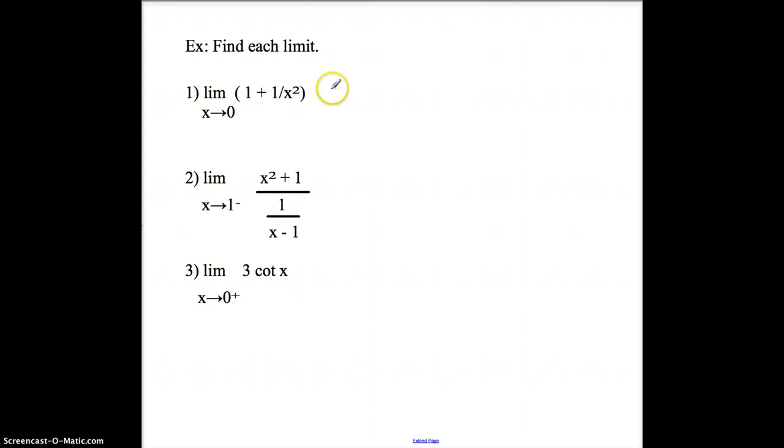So let's find each limit. The limit of 1 plus 1 over x squared. If you put 0 in, because the limit as x approaches 0, you get 1 plus something that approaches infinity. So what's 1 plus infinity? That's infinity. So the limit of 1 plus 1 over x squared is infinity.